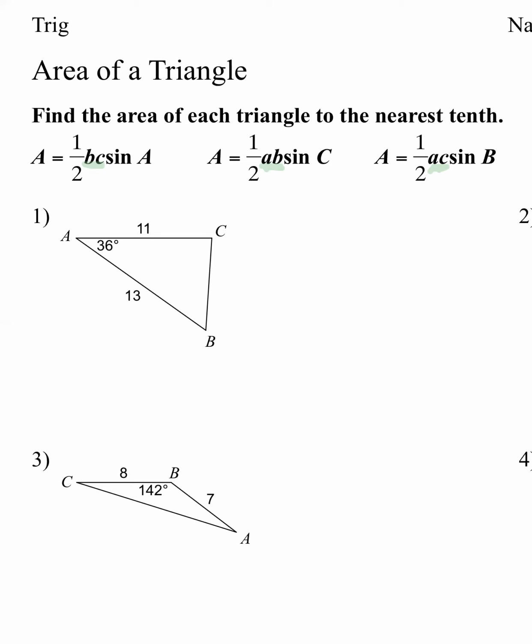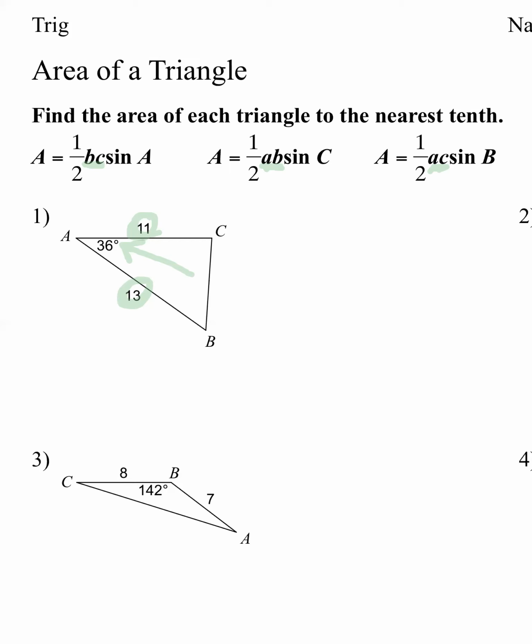I just know that the first 2 have to be 2 sides of my triangle. So if I'm looking at number 1, it would just be 11 and 13. And then you're just going to do 1/2 times 11 times 13 times the sine of the angle in between those 2 sides. That's crucial. It has to be the angle in between the 2 sides, which all of these are set up to be.